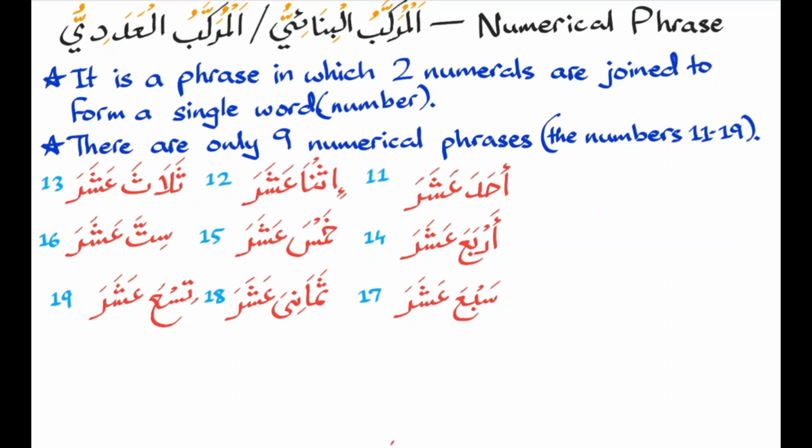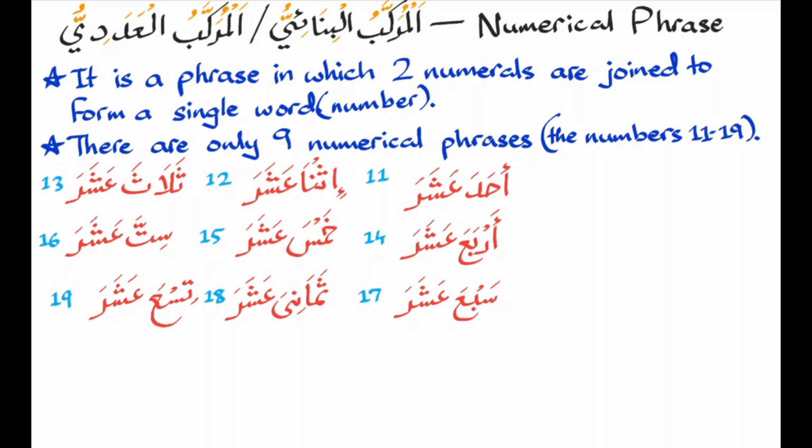Now each of these actually had a wa between them, meaning before, 11 was actually ahadun wa ashrun, 12 was ithnani wa ashrun, and 13 was thalathun wa ashrun, 14 was arba'un wa ashrun, and so on. So all of them, what they did was they took the waw out and they joined the two words together. They joined ahada and ashara together to make these numerical phrases, these al-murakkab al-adadis.